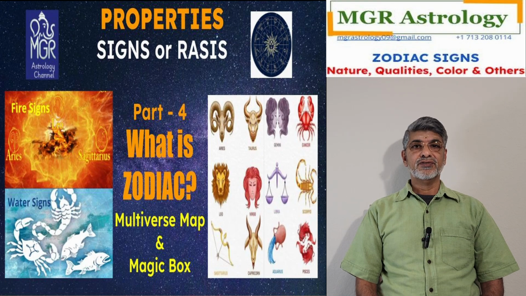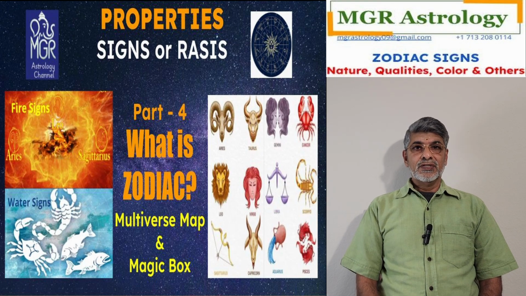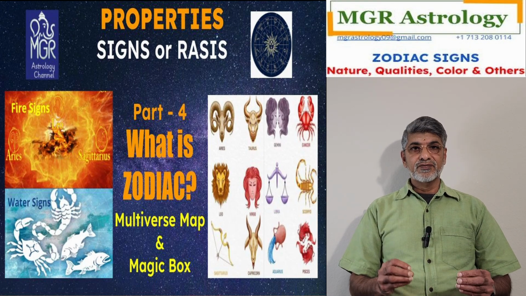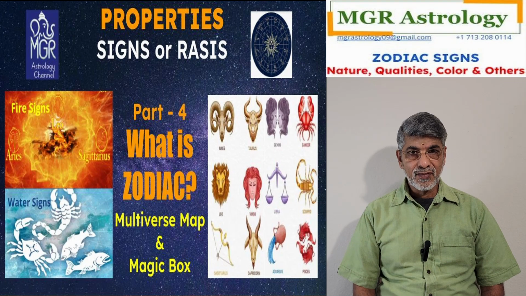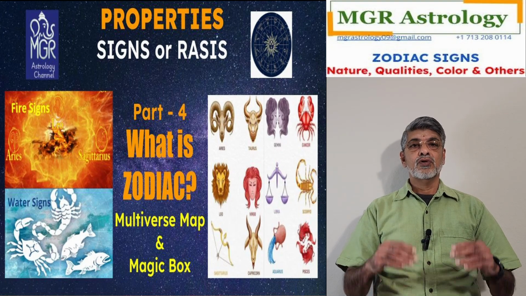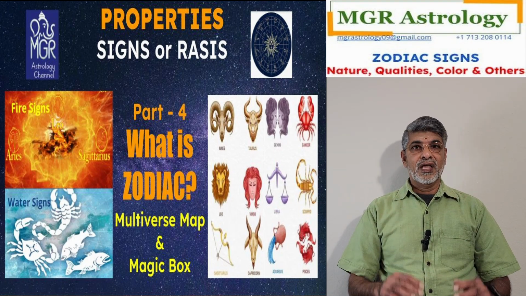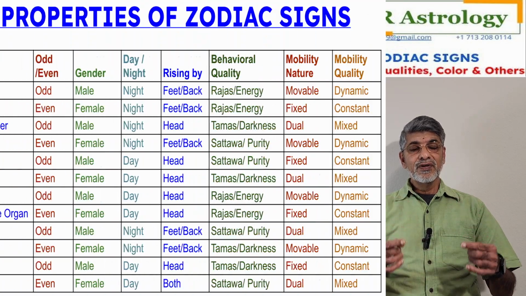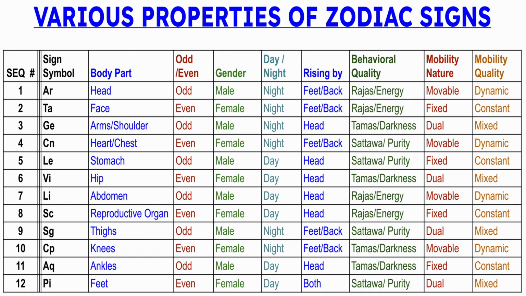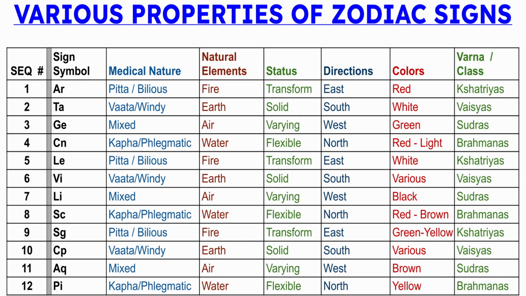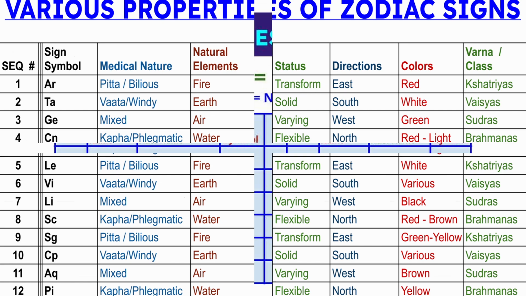In this video, we are going to see different properties or qualities allocated to each of these 12 signs. First, I'm going to talk about the qualities, and then I will give you the spreadsheet or the presentation of all the qualities of the 12 signs in a table format, which will be useful for you to understand.